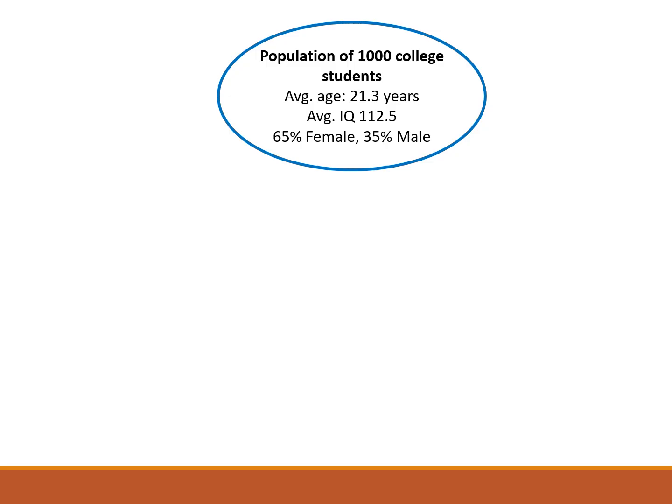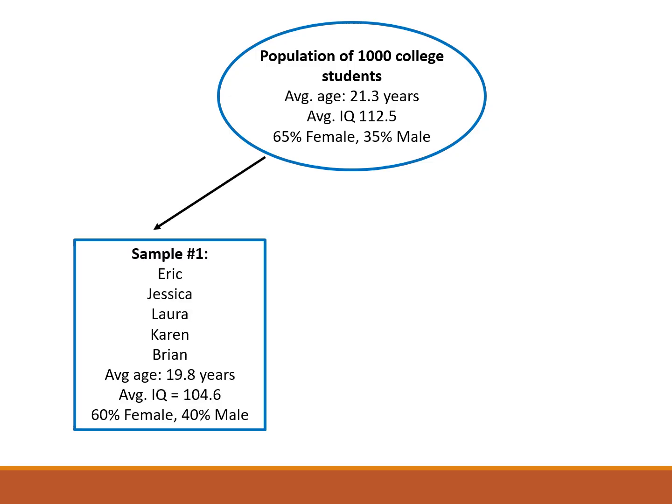Say our population is a small school of 1,000 college students. The population has an average age of 21.3 years, an average intelligence or IQ score of 112.5, and is 65% female and 35% male. Then, say we select 5 people randomly to participate in our study.